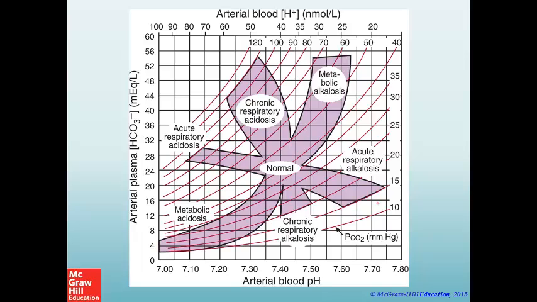And so if you know what somebody's arterial blood pH is, and you know their bicarbonate, you can then figure out whether they are in a normal acid-base state. Metabolic alkalosis, acidosis is down here at lower pHs, respiratory alkalosis, etc.